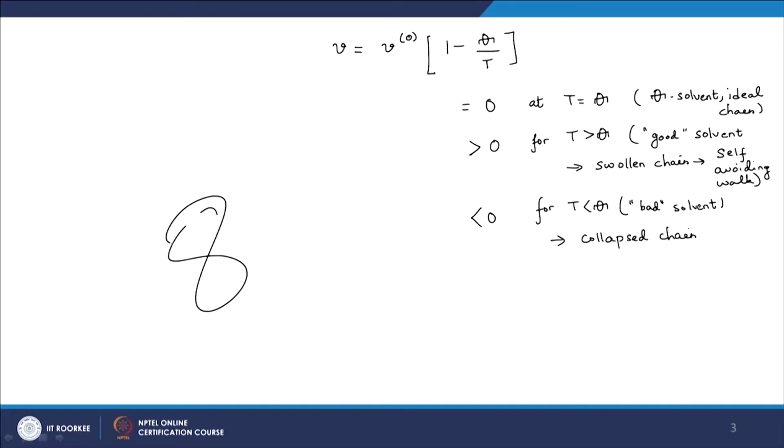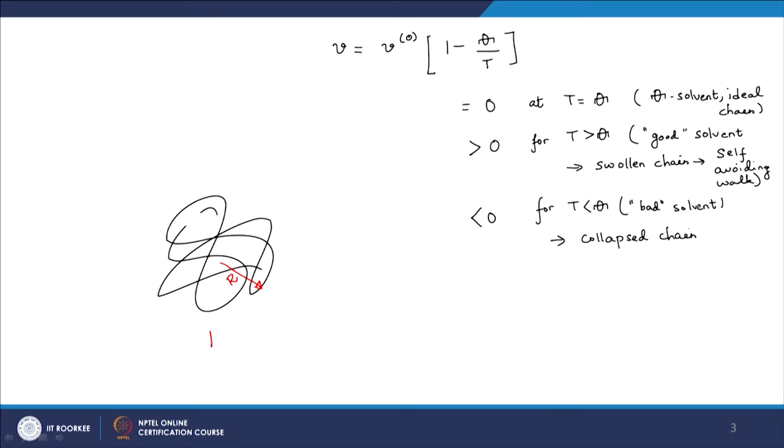So, in place of looking at the end-to-end distance or the radius of gyration of specific conformations and then doing an ensemble average, we will characterize the size of the chain as some quantity r, which of course corresponds to the ensemble average in a rigorous description, but since we are doing an approximate scaling theory, we are not doing a very rigorous derivation. So, we will basically refer to some measure of size of the chain.